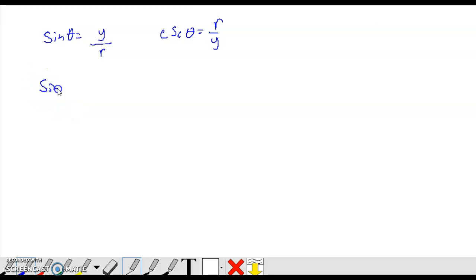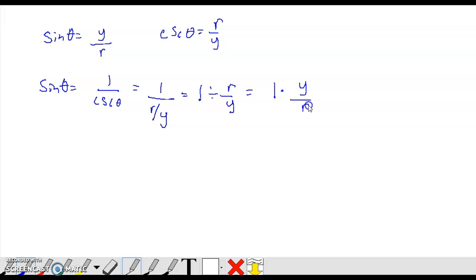So sine of theta is 1 over the cosecant of theta. I'm going to replace cosecant of theta with that, so it's the same thing as 1 divided by r over y. Division is the same as multiplying by the reciprocal. So 1 times y over r, which just stays y over r. And notice sine of theta is equal to y over r.